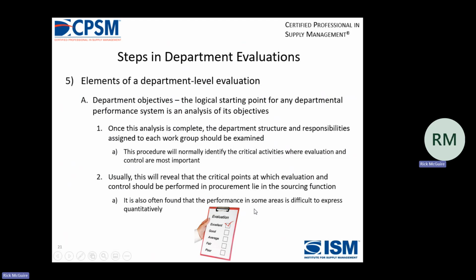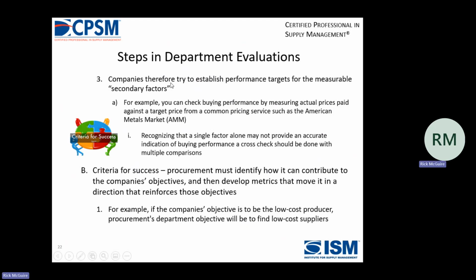It's often found that the performance in some areas is difficult to express quantitatively. And companies therefore try to establish performance targets for the measurable secondary factors. So if you run into an area where you're trying to measure and it's difficult, look at some of the secondary factors.